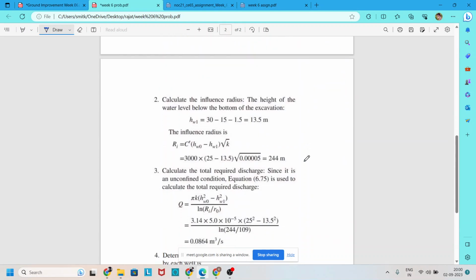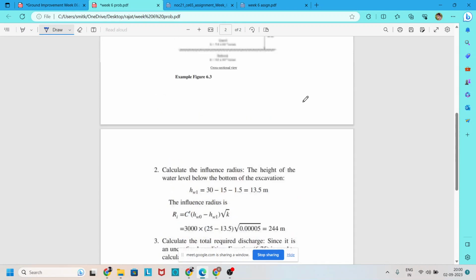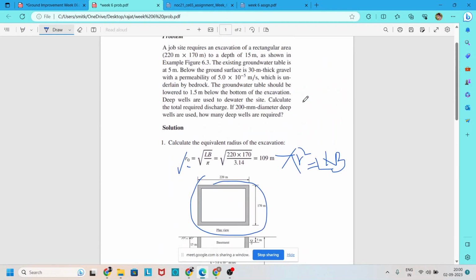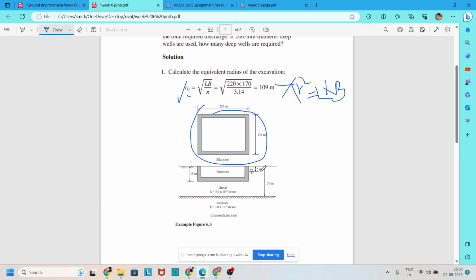In this step, we need to find the height of the water table. The original groundwater table height is 30 minus 5 meter, that is 25 meter. But we need to keep our groundwater table 1.5 meter below the foundation excavation level.